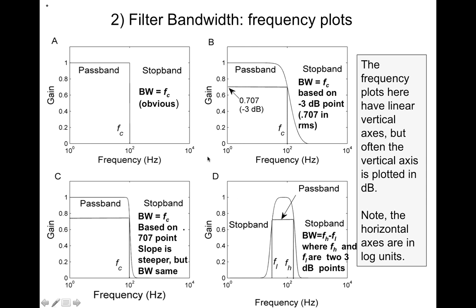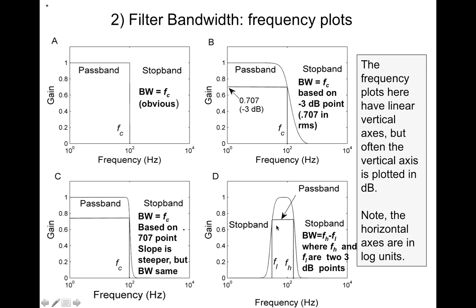So the bandwidth of this filter, in the first three cases where you have the low pass filter, is basically going to be this 3 dB point. Obviously in this one, which is perfect, you don't have a 3 dB point, so that would basically occur on the vertical slope.